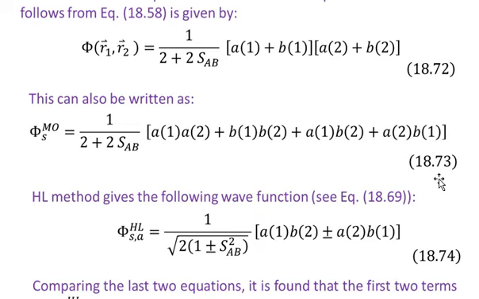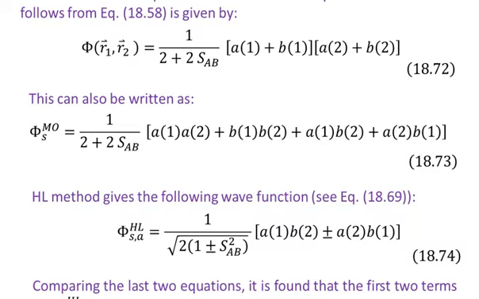And at the same time, I have reproduced the wave function due to Heitler-London approximation shown in equation number 74, so that I can compare the spatial part of the wave function given by the molecular orbital and the spatial part of the wave function given by the Heitler and London approximations. These two wave functions have now been given as equation number 73 and 74 respectively.